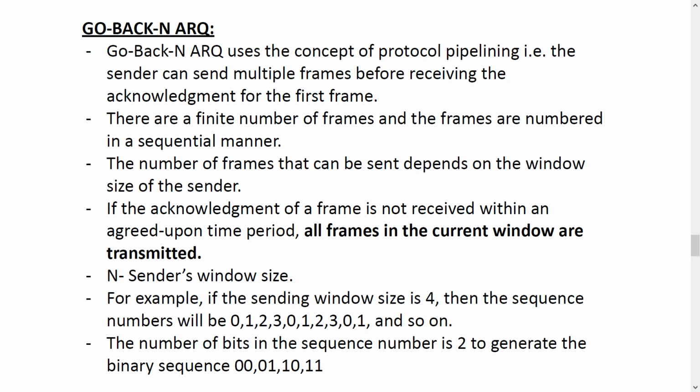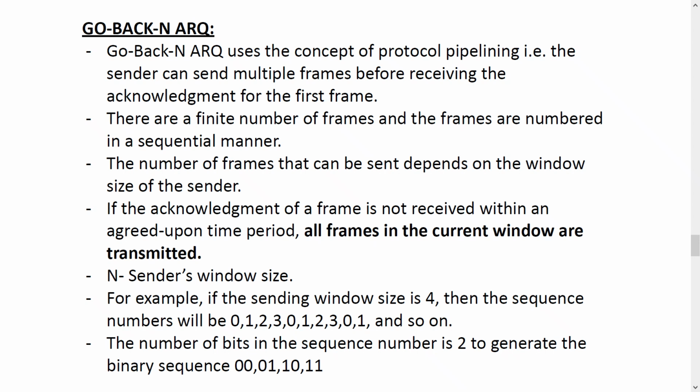First, this protocol uses the concept of pipelining, which means the sender can send multiple frames before receiving the acknowledgement for the first frame. This is the key difference between Go-Back-N and the Stop-and-Wait ARQ. So if I ask you in the test at the end of this course, what's the difference between Stop-and-Wait ARQ and Go-Back-N ARQ?